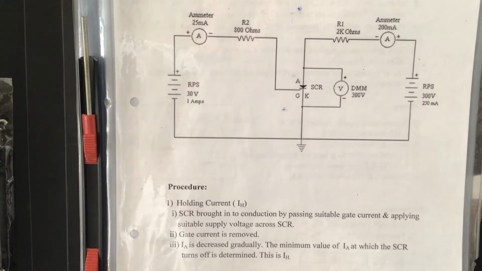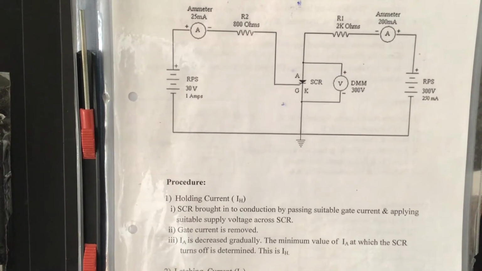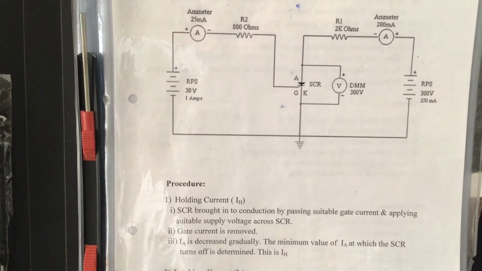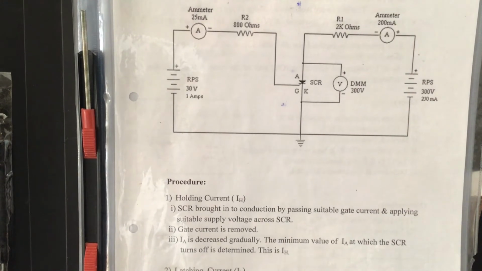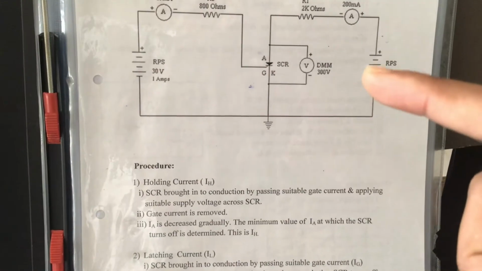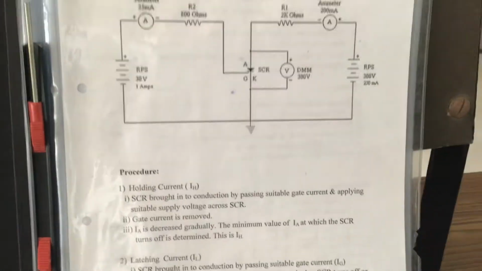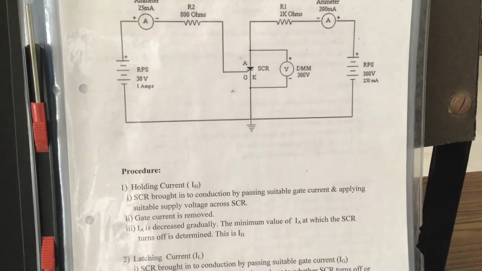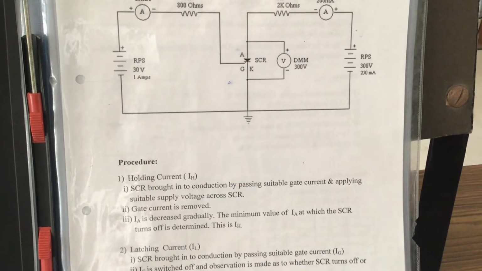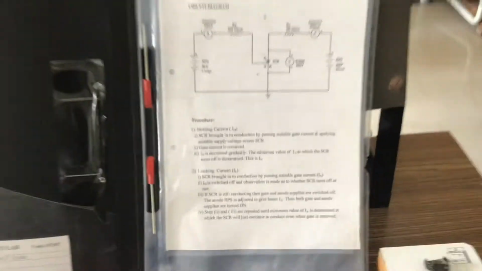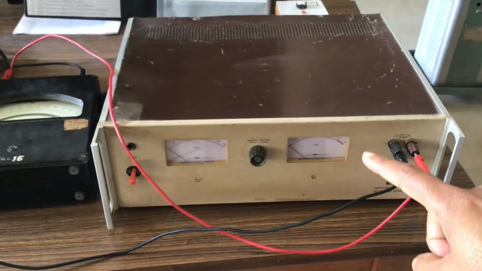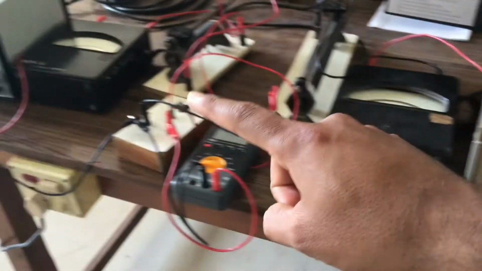First, you have to bring the SCR into conduction by applying suitable gate current and applying suitable voltage across A and K. Then you have to remove the gate current, and decrease IA, that is, this regulated power supply.